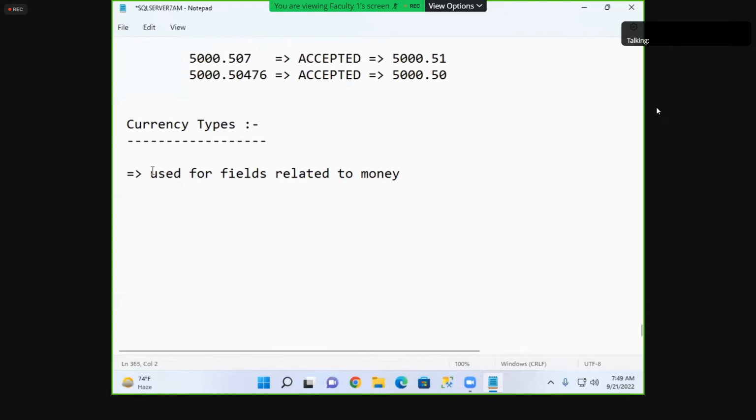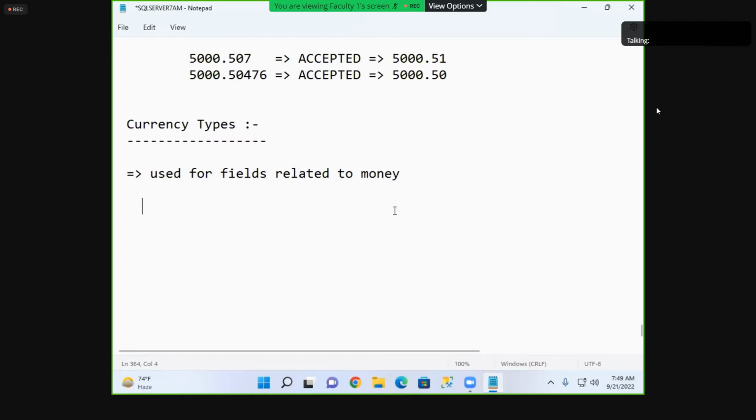Currency types are used for fields related to money. SQL Server supports 2 currency types. What are the fields related to money?